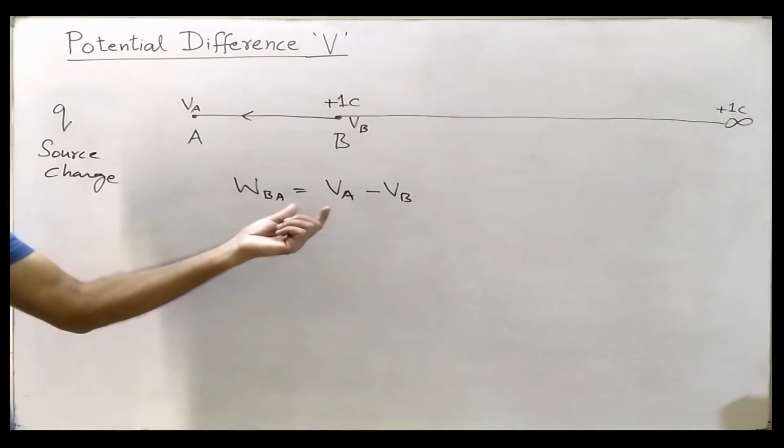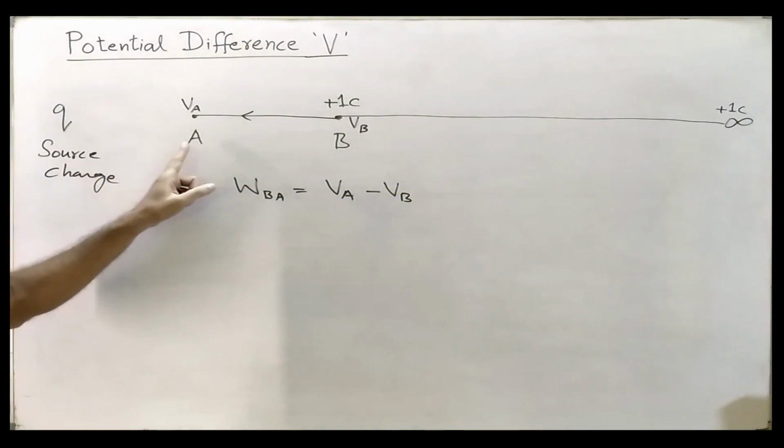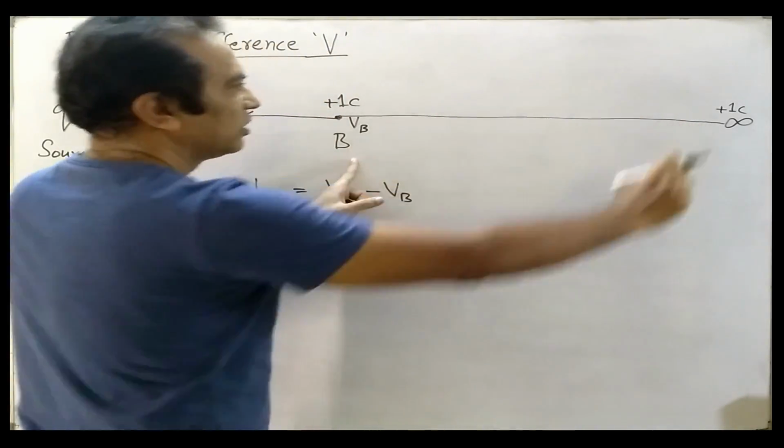Correct? It is the larger work done in bringing the charge from infinity to point A minus the smaller work, because this work done is common.